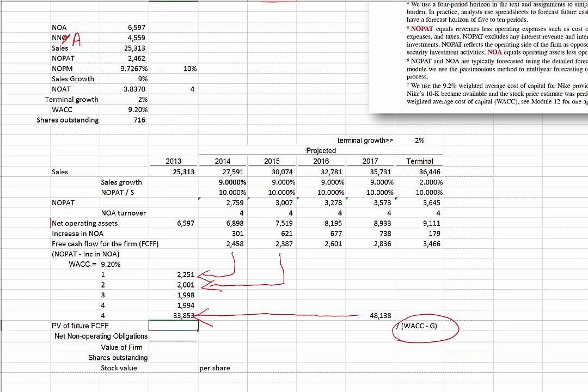Now let's add all of those things up. And those things being the present value of all future cash flows. And I get 42,098,000,000. And normally at this point down here you would subtract current non-operating net obligations, but in this case those things are net, not obligations, but assets.